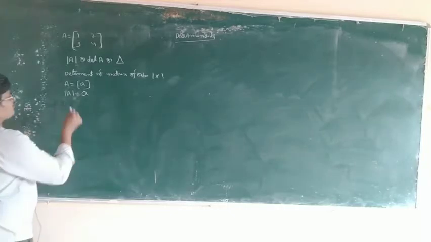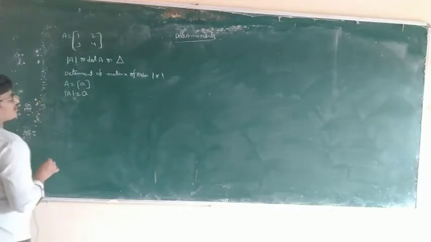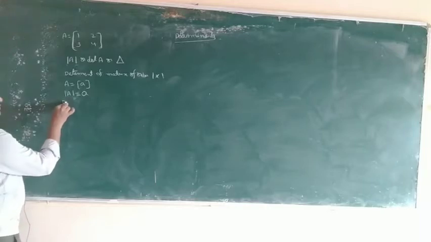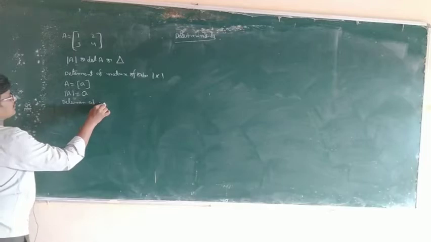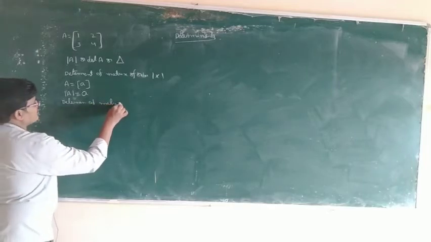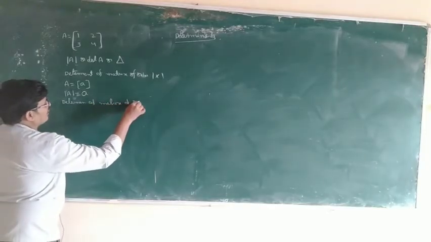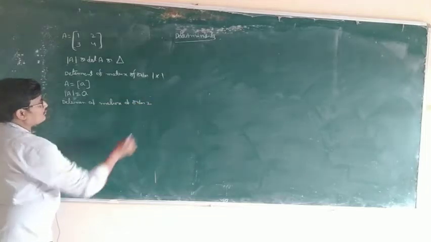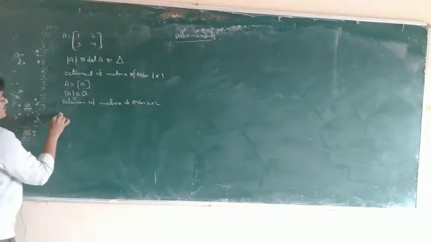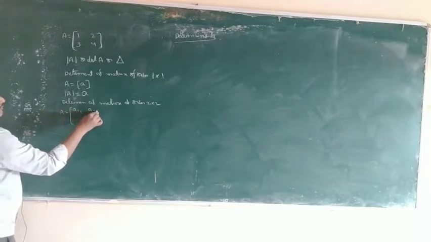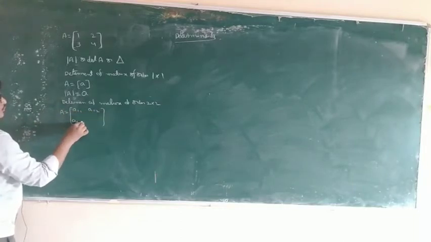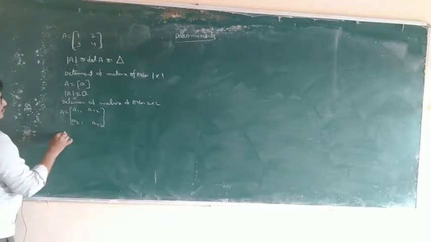Next, the determinant of a matrix of order 2, or 2 by 2. For example, A is the matrix with rows A11, A12 and A21, A22.